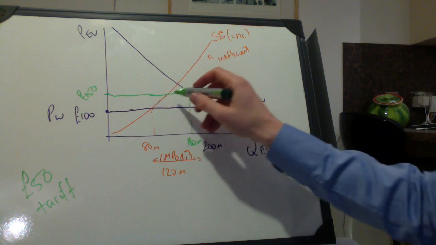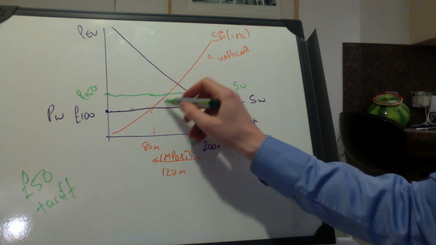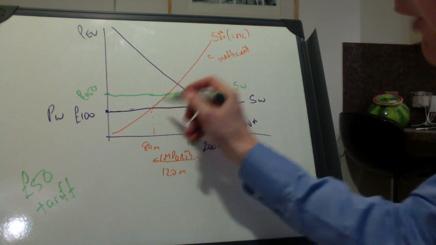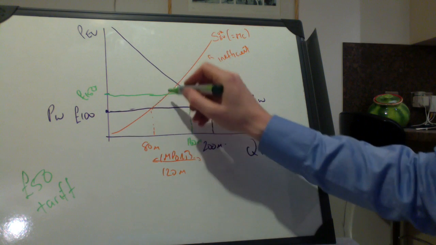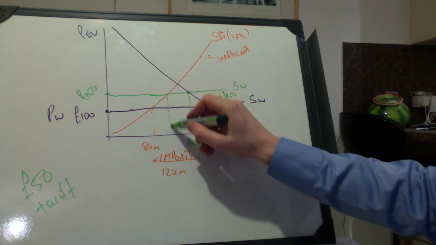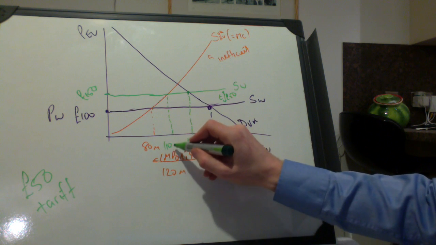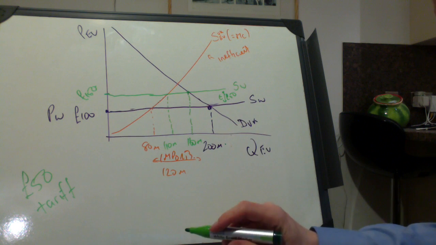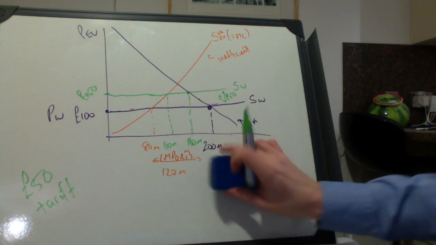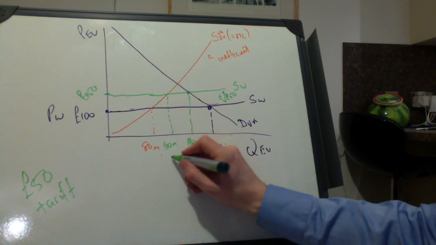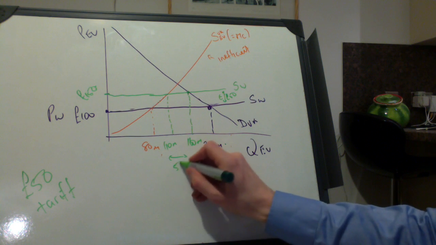These coal mines that were previously inefficient and unable to compete now have the price above their marginal cost, and they're able to supply, say, a total of 110 million. So imports were 120, but now imports are only 50 million.